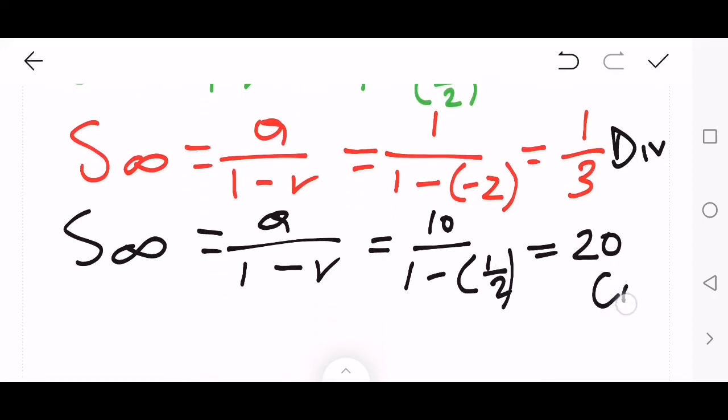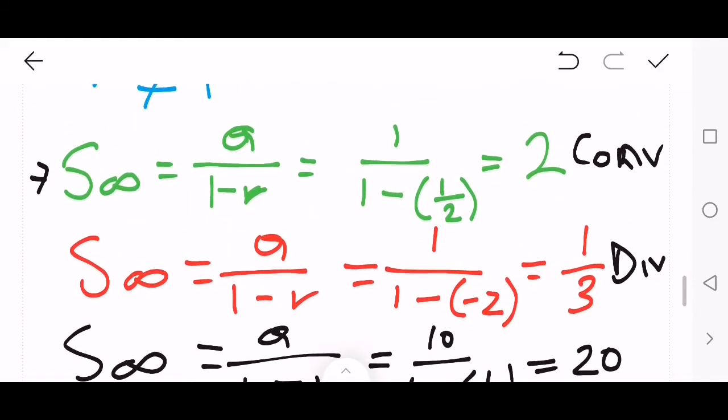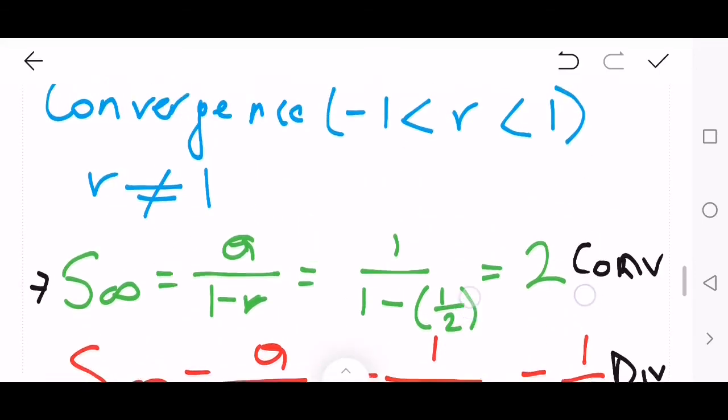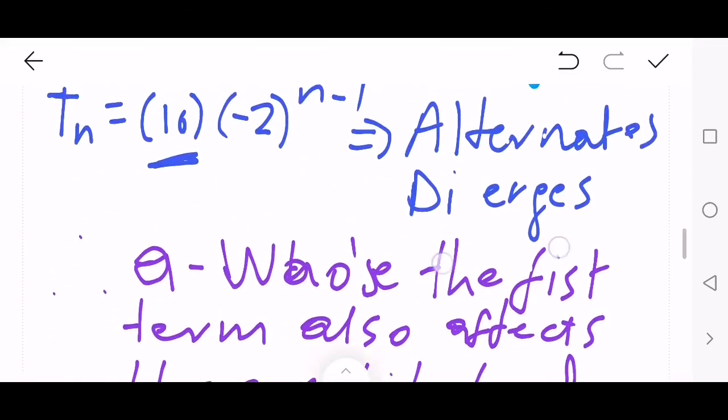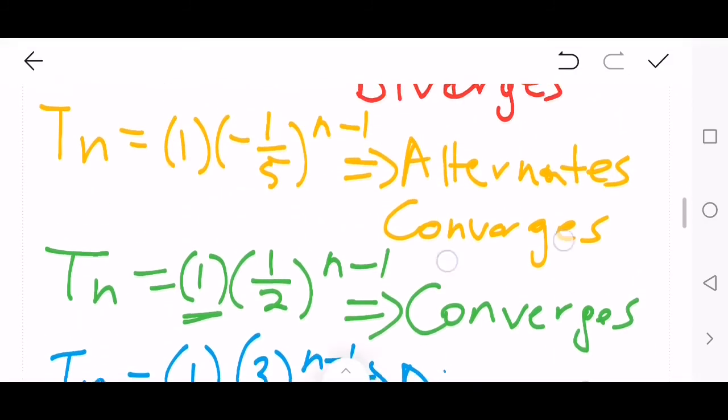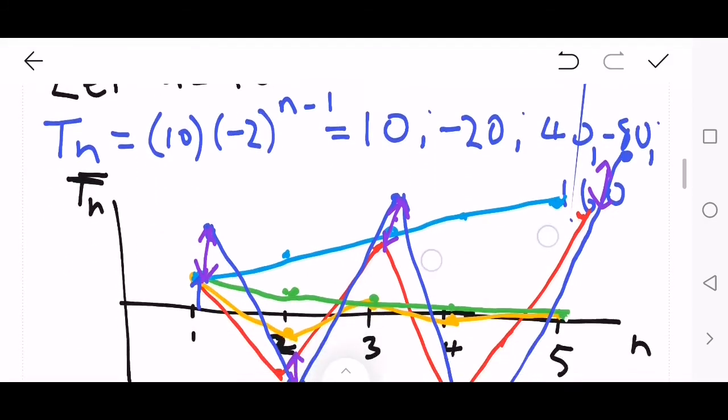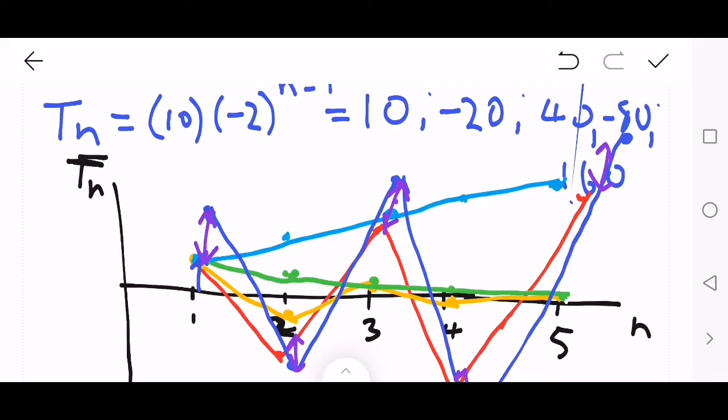The sum to infinity is 2, and we can see this because we're starting from 1, and then we're adding smaller numbers as we go to infinity.